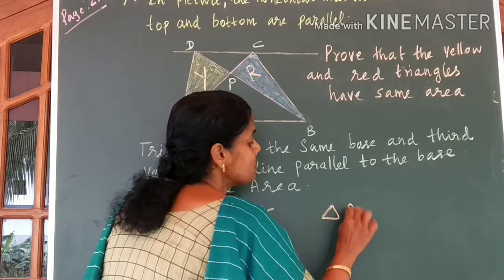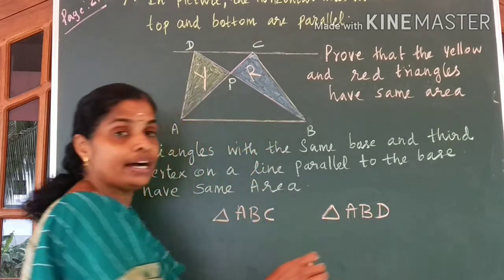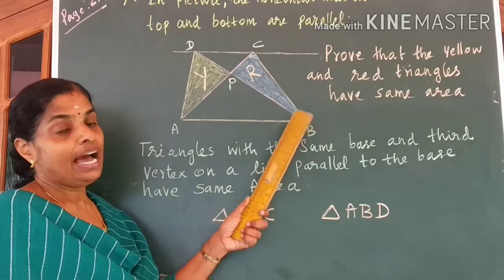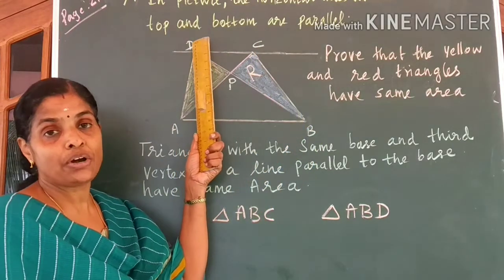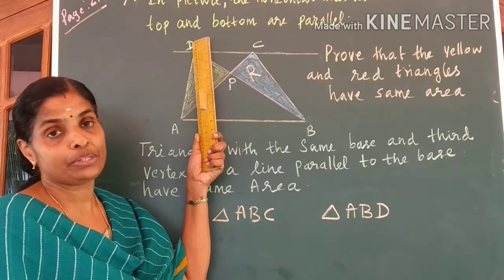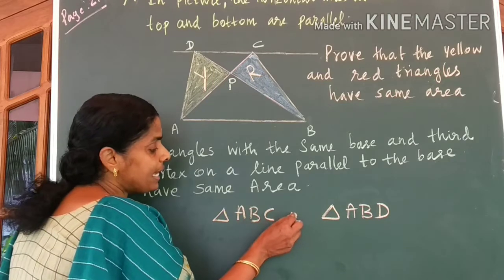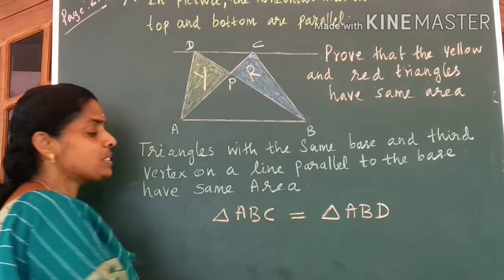So what can you say about their areas? Since the base is the same and the third vertex is on a line parallel to the base, their areas are equal. So we can write an equal to sign here.